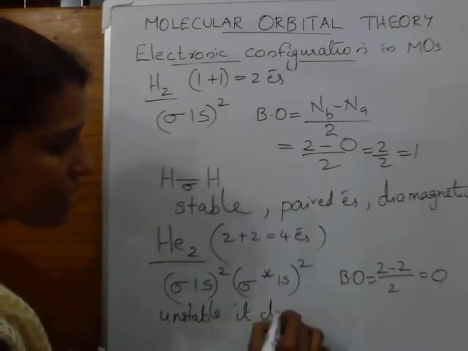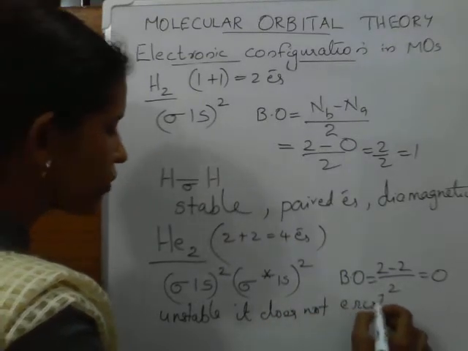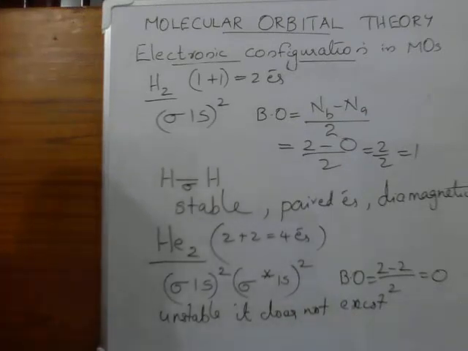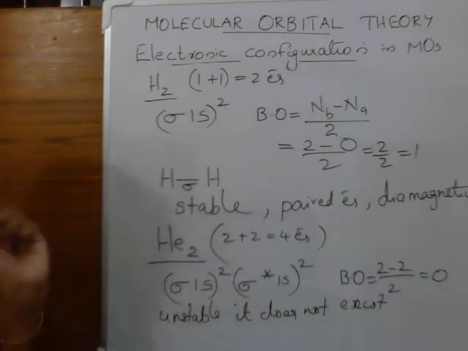It does not exist. We know helium is a noble gas, non-reactive. It exists as a monoatomic molecule. Diatomic helium molecule is unstable. It is not formed. Its bond order is 0. If bond order is 0, the molecule is unstable.